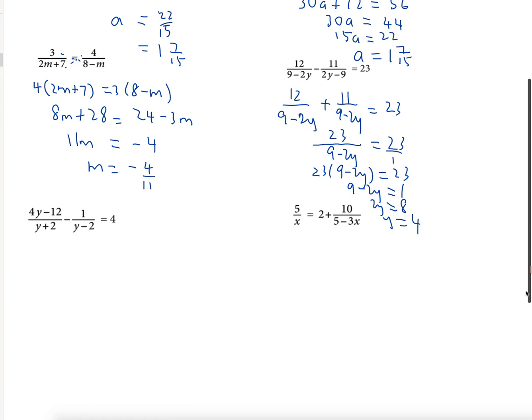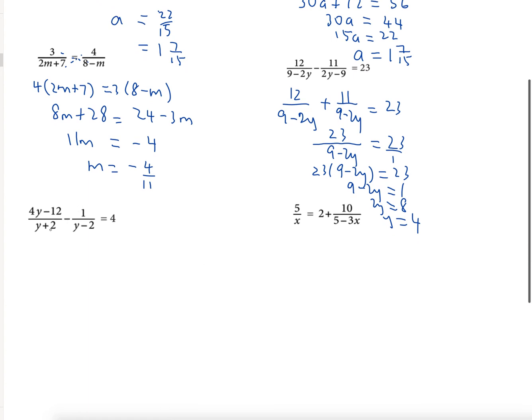We can substitute the values in here, and if it equals 23, then it's alright. Okay, now we see that here, well, we can have two approaches. We could multiply throughout by the LCM, and the LCM is actually y plus 2 times y minus 2. Or we can make it into a single fraction, whichever way, and then cross multiply. Alright, so I think I'm going to multiply throughout by the LCM, which is y plus 2 times y minus 2.